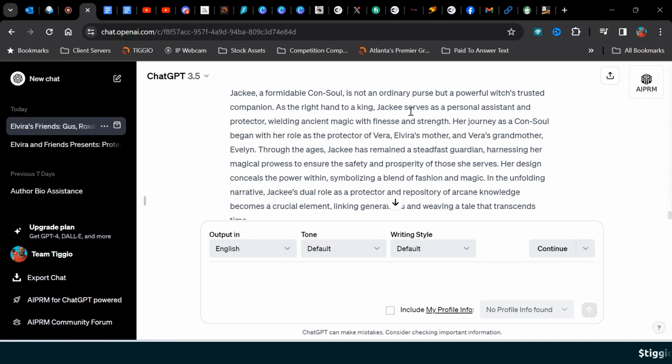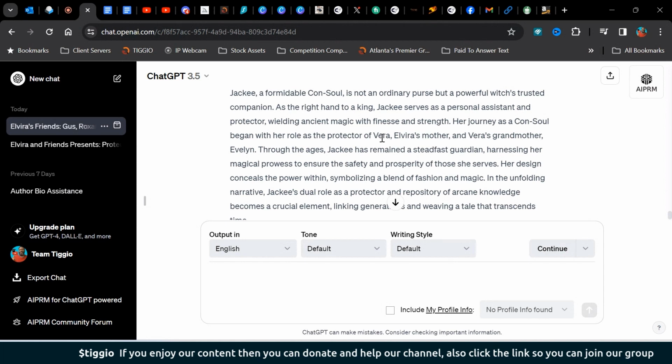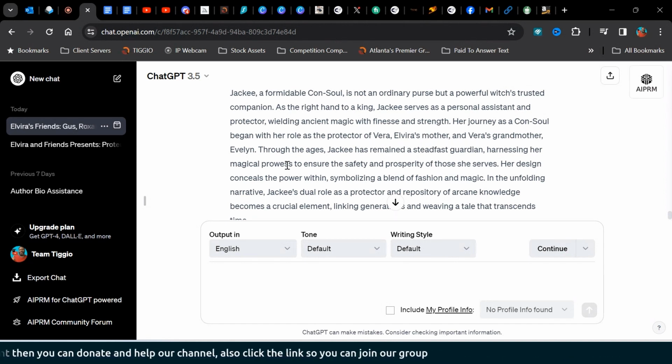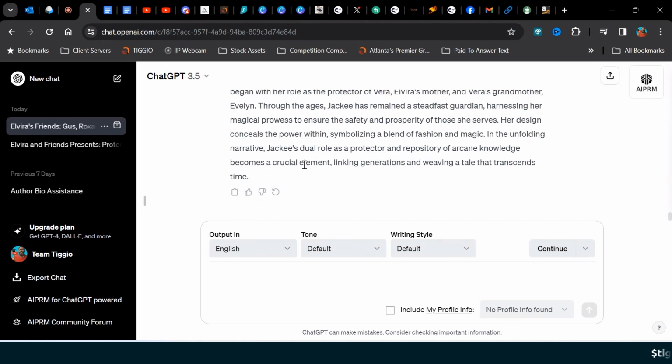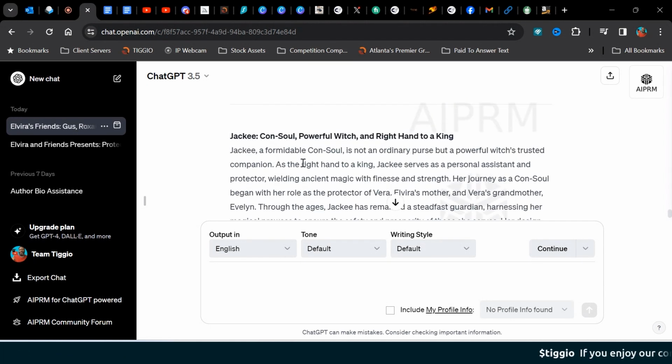As the right hand to the king, Jackie serves as a personal assistant and protector, wielding ancient magic with finesse and strength. Her journey as a console began as the protector of Vera, Elvira's mother, and Vera's grandmother, Evelyn. Through the ages, Jackie has remained a steadfast guardian, harnessing her magical prowess. So a lot of this stuff is true, right?